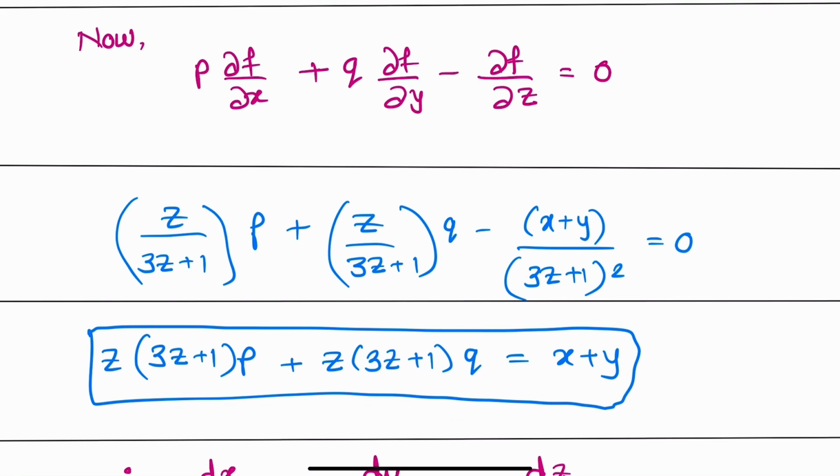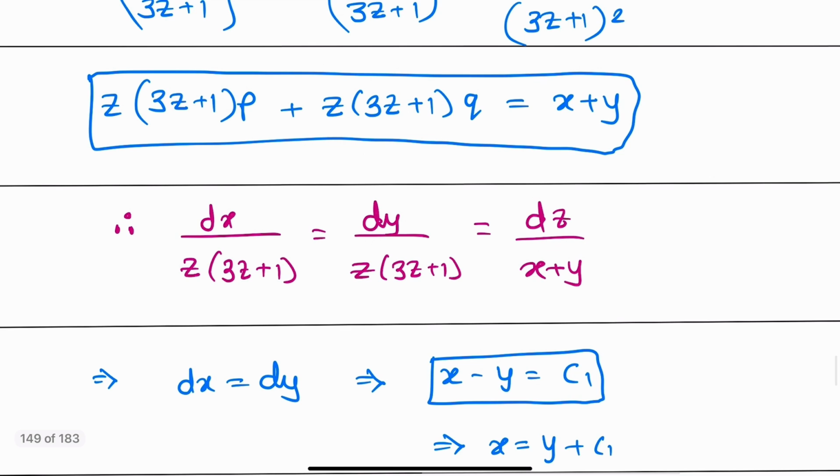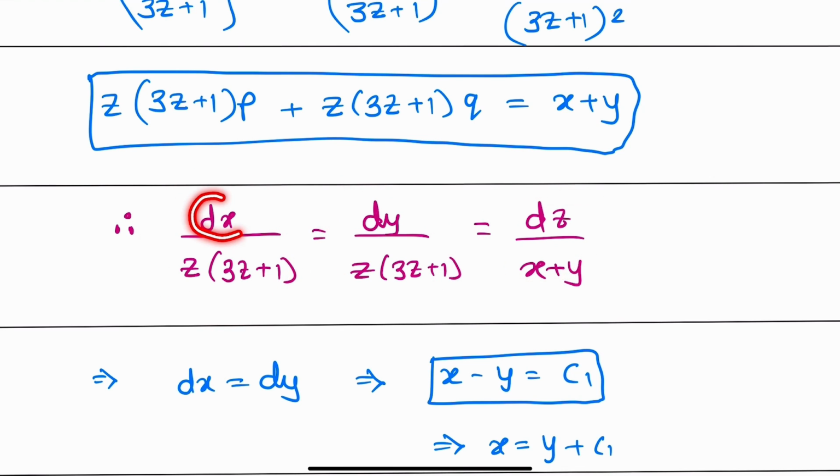Now, if you observe this, isn't it in the form of Pp plus Qq equals R? To solve this, what did we used to do? We used to write Lagrange's auxiliary equations and solve them. That is the same way we will solve this as well. So here we are writing Lagrange's auxiliary equations: dx upon this term, dy by this term, and dz by this term.